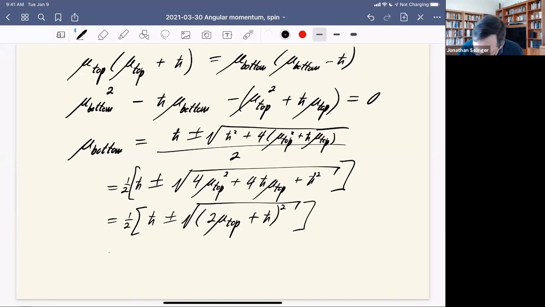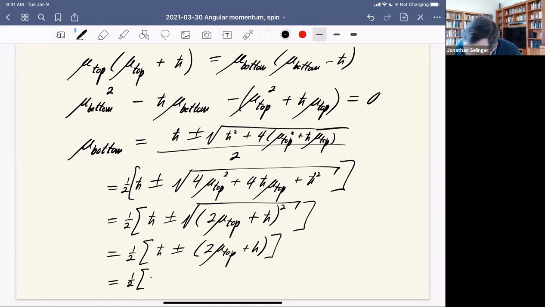So this is 1/2 of h bar plus or minus 2 mu top plus h bar. There are two solutions depending on whether I choose the plus or the minus. If I choose the plus, this is 1/2 of 2 mu top plus 2 h bar.